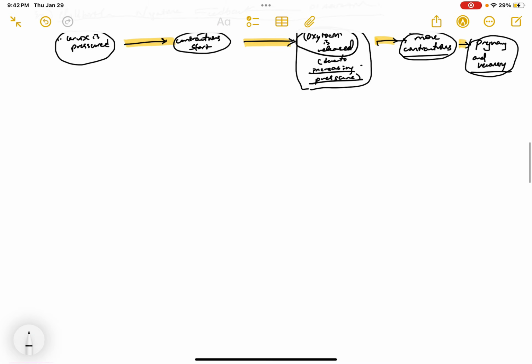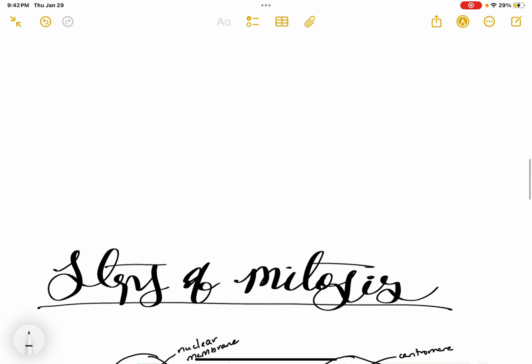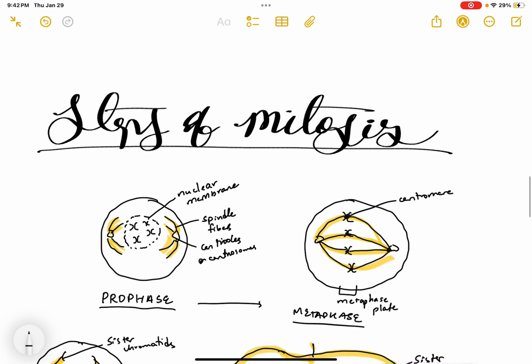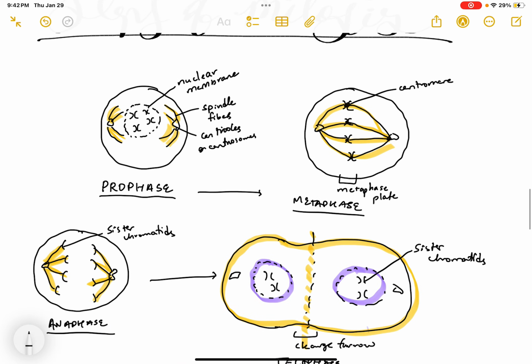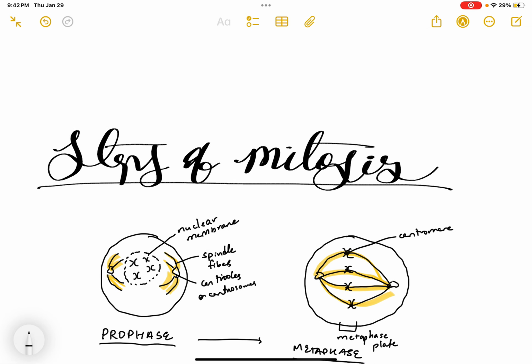Next, let's learn about the steps of mitosis. With mitosis, the first step is interphase, though there's no diagram here for that. Basically, interphase is 90% of the entire cell cycle, and it consists of four steps.